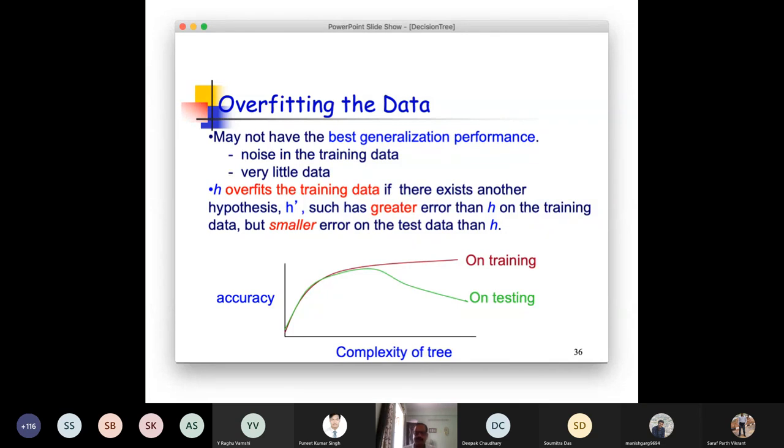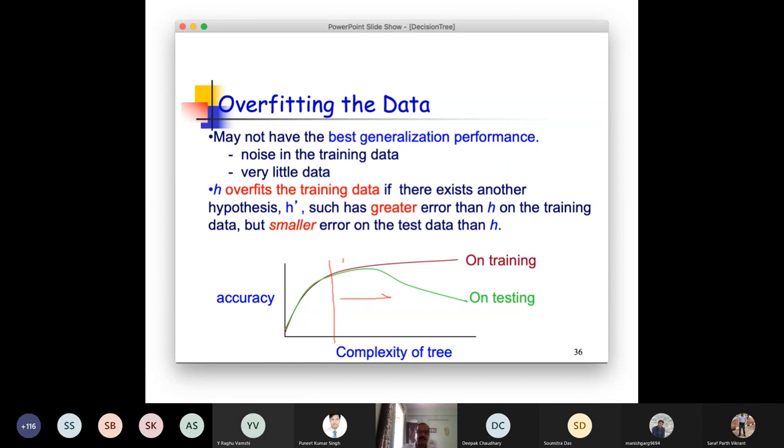In fact, you will find that training error, because it is consistent, is going to make your hypothesis more and more consistent with the training data set, but actually test error will be increasing, which means your accuracy will be decreasing. This is the trend you will observe. At that point, that is the size of the tree which may be in the desirable range.